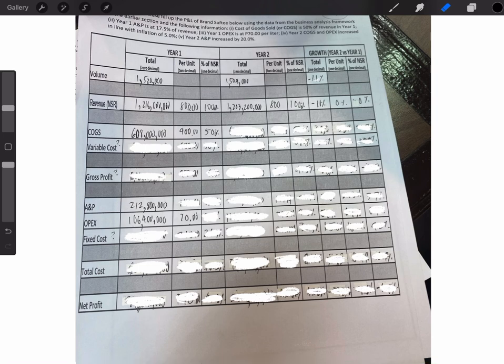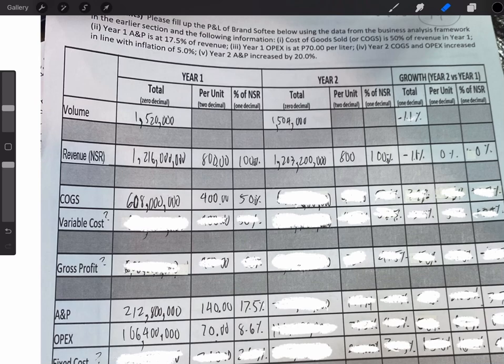And then we're going to use the operation expenses divided by the net sales revenue to get the percentage of the net sales revenue. You can also do that exact same thing with the A&P if you want to find those other things out. The 17.5 is already given to you up here in the section above.